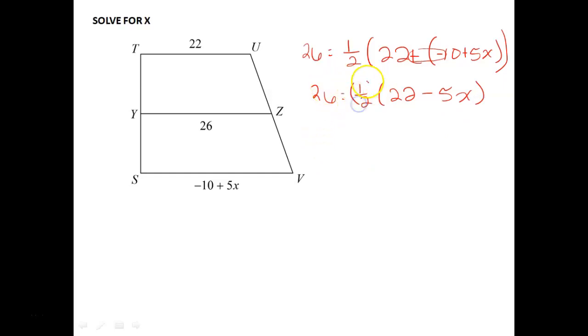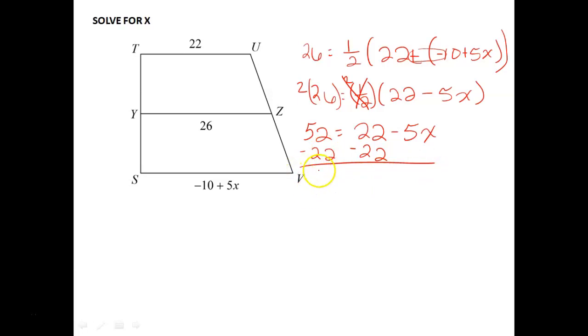All right, I'm going to go ahead and multiply both sides by 2. 26 times 2 is 52. That cancels, equals 22 minus 5x. I am going to solve for x, so I need to subtract 22 from both sides. 52 minus 22 is 30. That cancels, leaves me with negative 5x. Divide both sides by negative 5, and x equals negative 6.